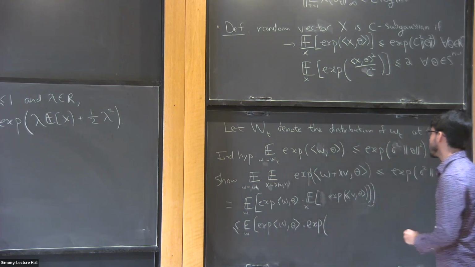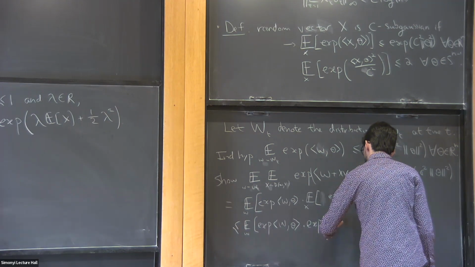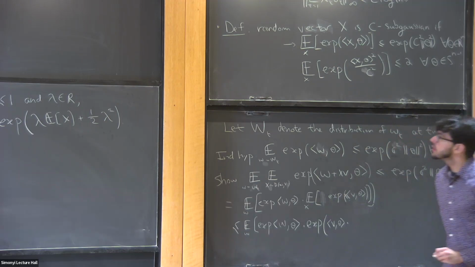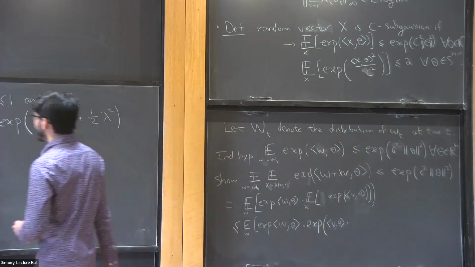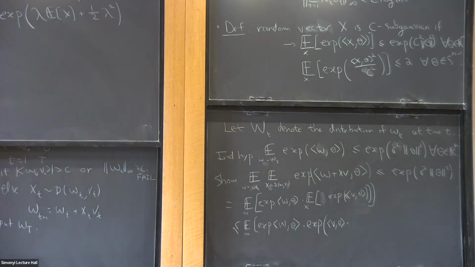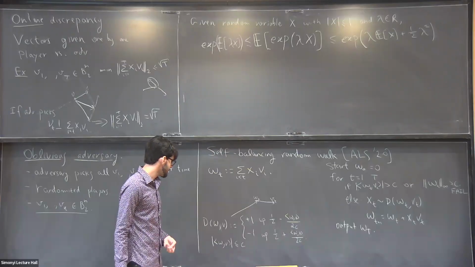There's going to be the lambda, which is just v times theta, and the expected value of X. Recall that X is sampled from this distribution.